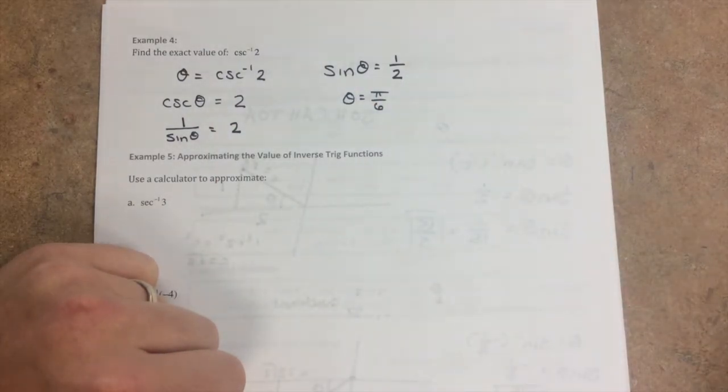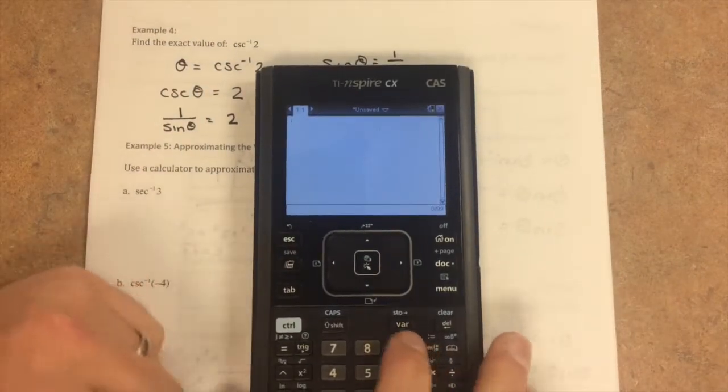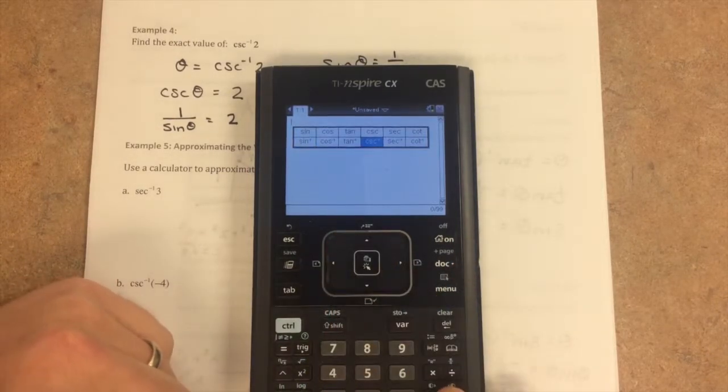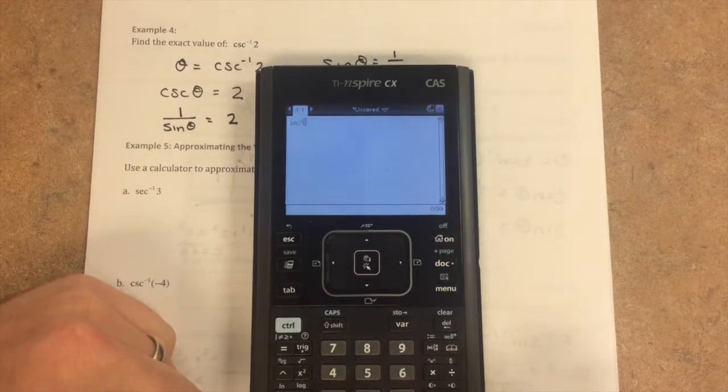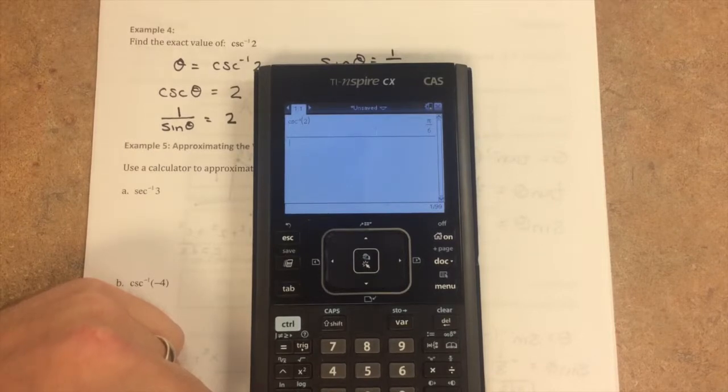Now, on your calculator, you might be saying, well, why don't we just do this on a calculator? We could. If we have this trig button, some of you guys have this feature, others you have this blanked out. So inverse cosecant of 2, and I hit enter, is pi over 6.